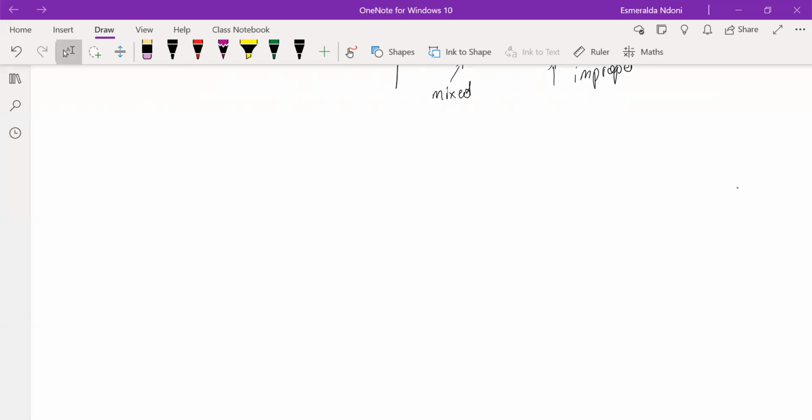So here I go. I am going to start with 11 out of 4. My task is to convert, so change, these fractions to mixed numbers.